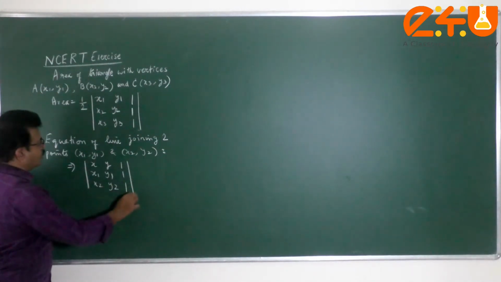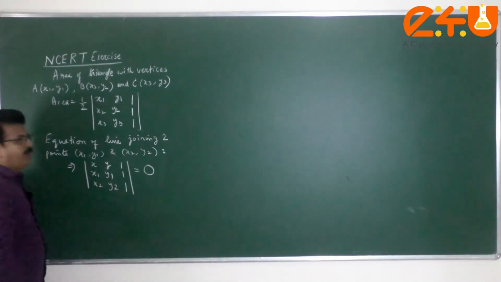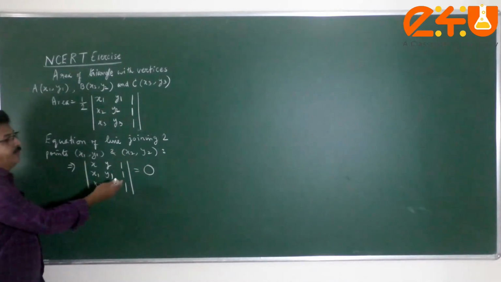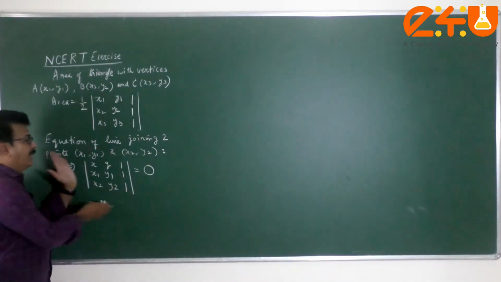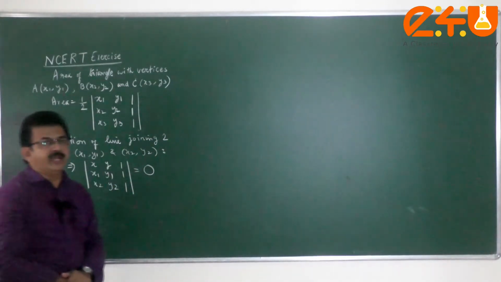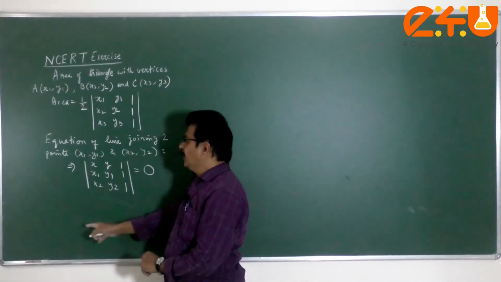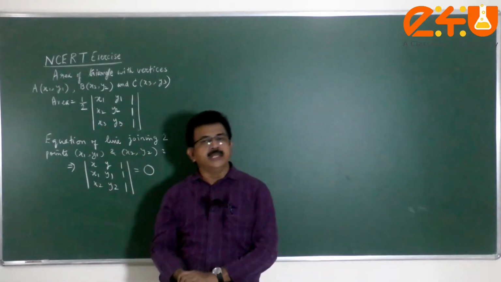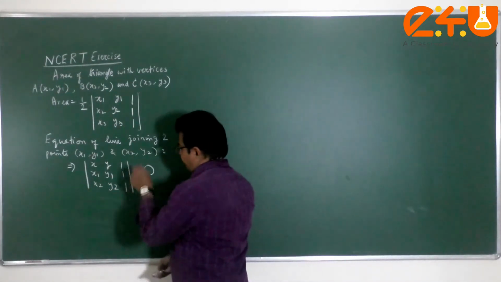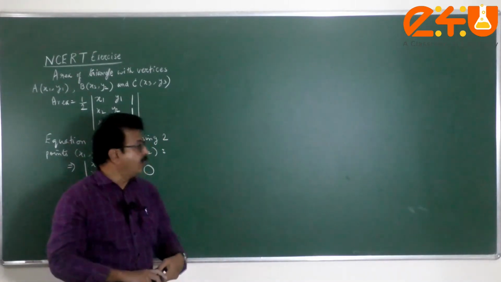Third column as usual filled with ones, and RHS is 0, because x, y, x1, y1, x2, y2 all of them lie on the same line, hence collinear. Because they are collinear, the area of the triangle happens to be 0. So that will land you on the equation of the line joining x1, y1 and x2, y2. Fine.